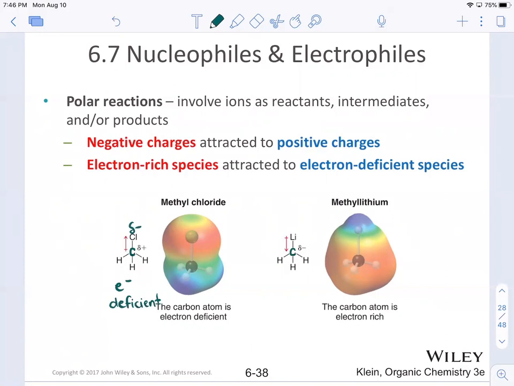When carbon is bonded to lithium, lithium being a metal, then we start seeing that lithium pushes its electron density towards carbon, making it electron rich, having more electron density closer to the negative charge species, because lithium will take on the delta positive, and carbon, more electronegative than lithium, takes on the delta negative.